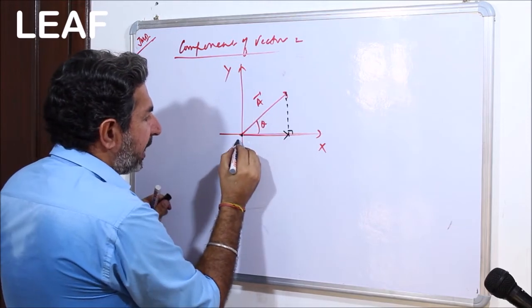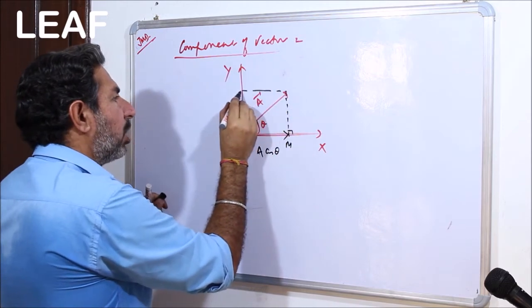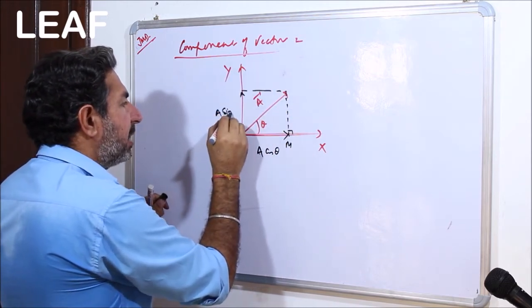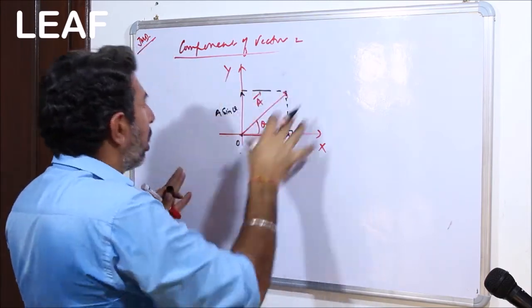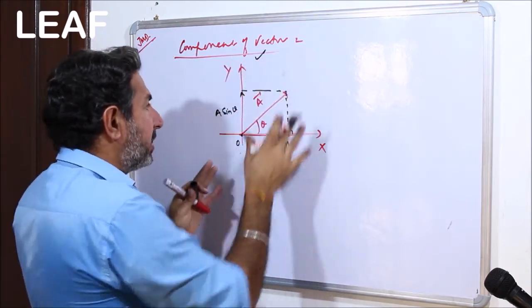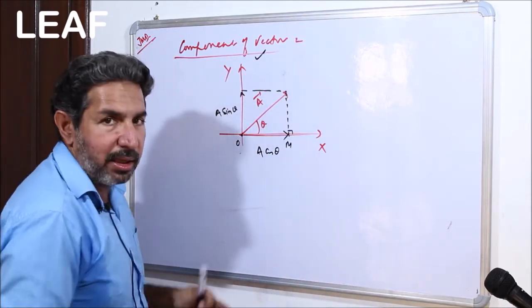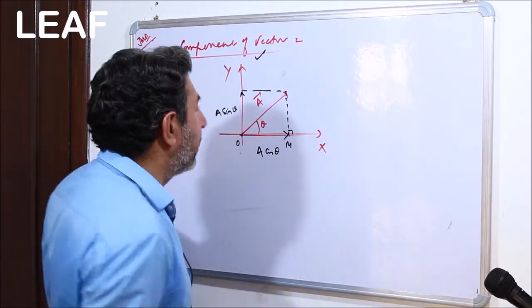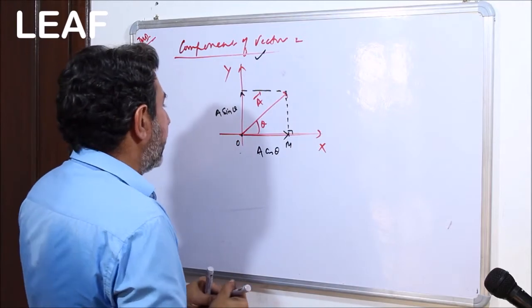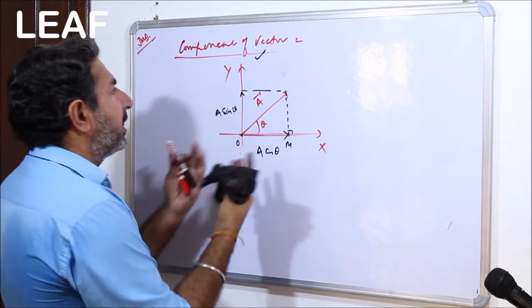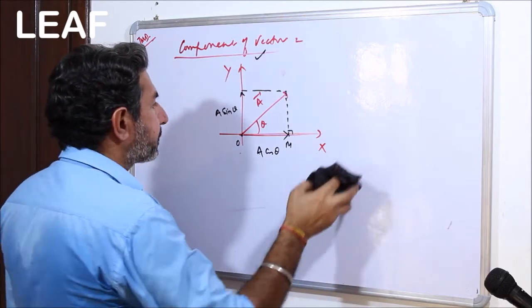So the component of A from O to M can be called A cos theta, and the component on the y-axis will be A sin theta. We'll be doing a slightly higher-order question out of these components, and then you will find that this is not that straight and easy when we talk about a particular numerical I am going to discuss. So this is the basic and very small description of components of vectors, also called the resolution of vectors or resolving a vector into components.